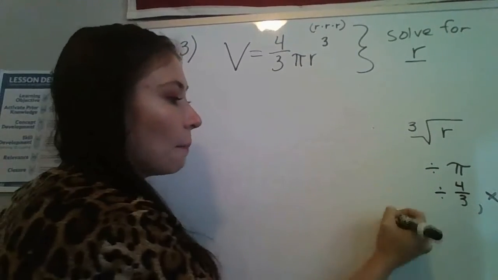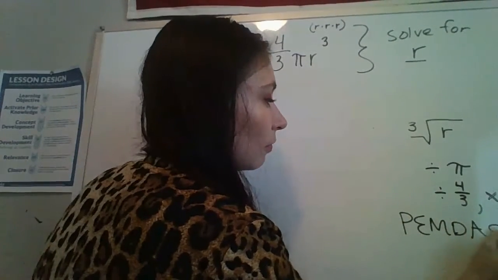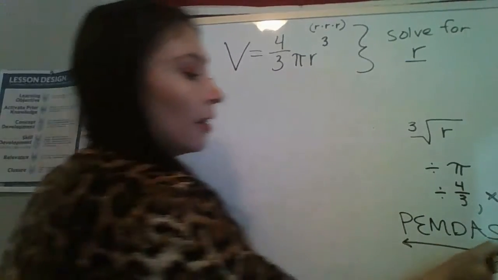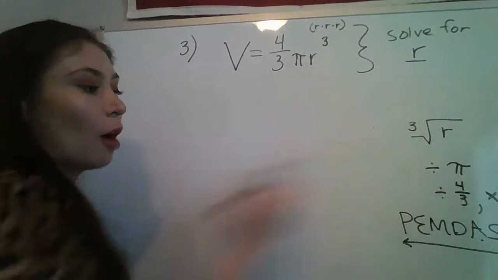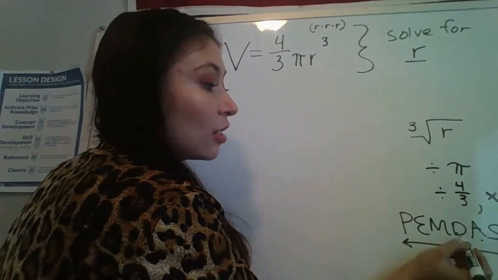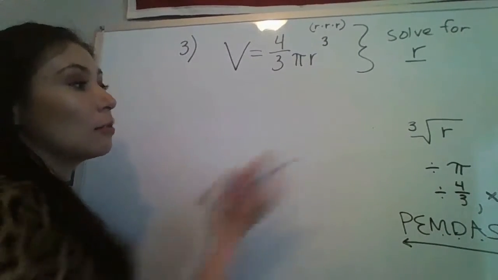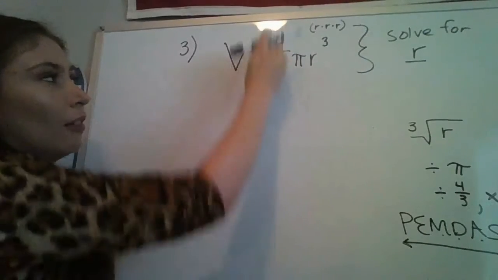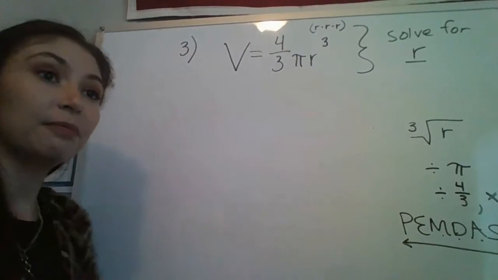Now, if we look at it backwards from PEMDAS, the first thing that I would want to do is any undoing, addition, and subtraction. I don't have any of those operations, so I'm going to move on. The next thing I want to do is to undo the multiplication and division. I don't want to undo my cubed because then I would have to take the cube root of 4 over 3 and pi, and I want to get rid of that first.